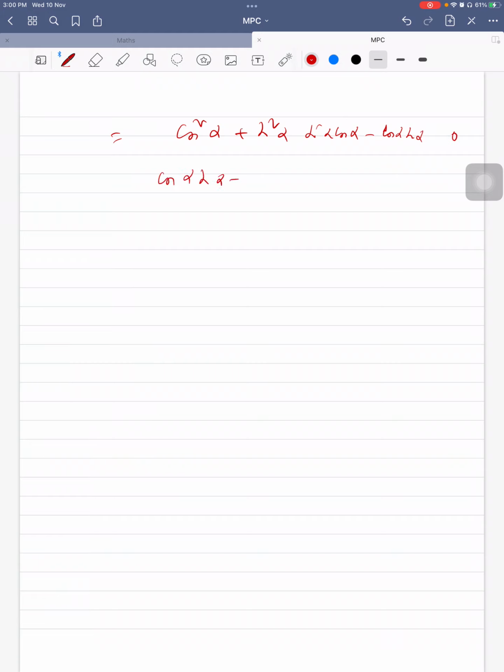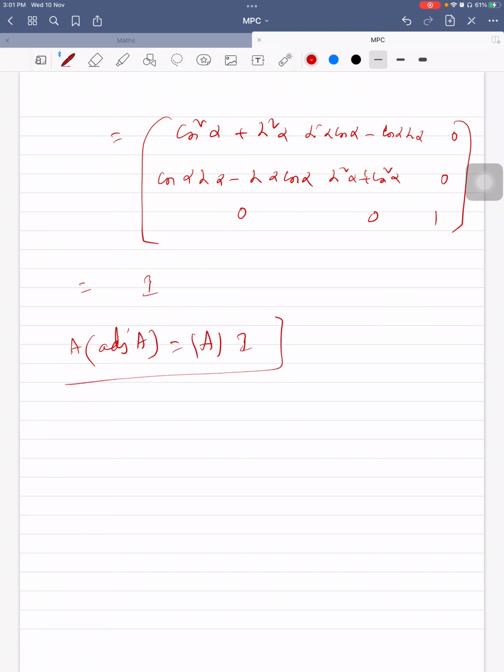Cos alpha sin alpha minus sin alpha cos alpha, sin square alpha plus cos square alpha, this one 0, 0, 0, 1, becomes I. That is, A times adjoint A is determinant of A into I, because determinant of A is 1.